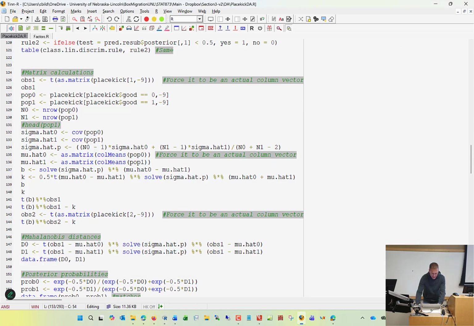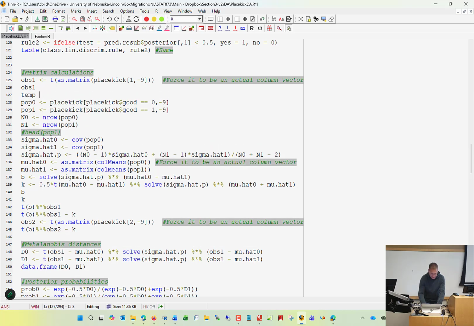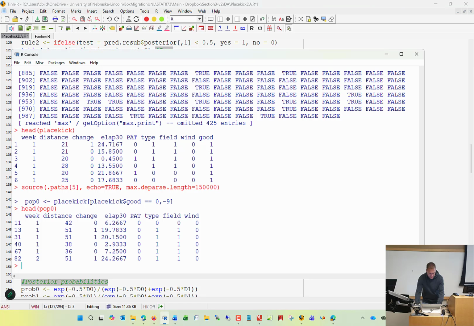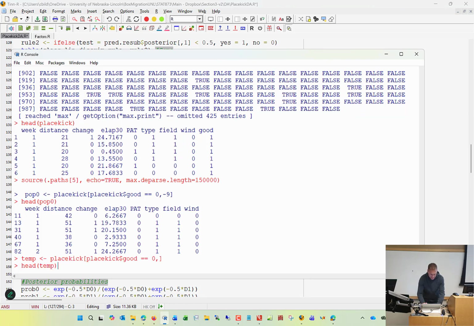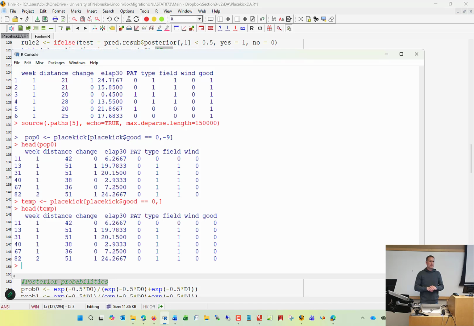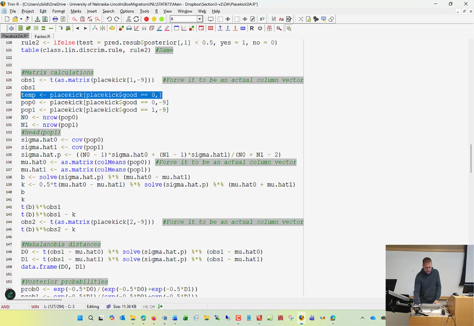Let me just do it off to the side. There. Okay. So it's a common way that people actually extract portions of a data set corresponding to some kind of logical condition. So I form the sample, I get the sample from population 0, the sample from population 1.